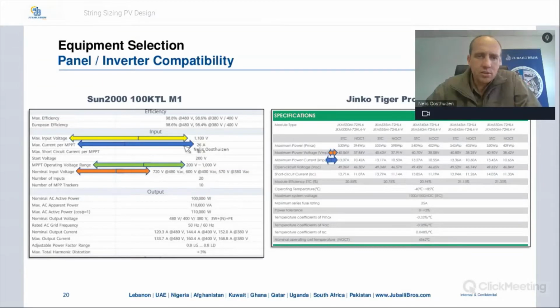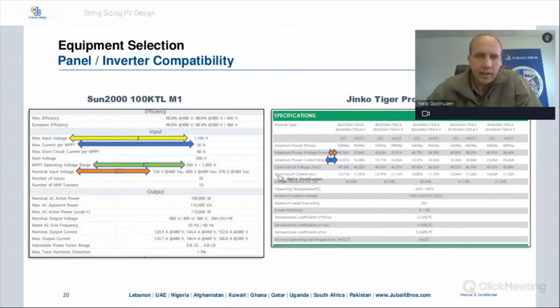The second thing that you need to look at for compatibility is your maximum current per MPPT. On this inverter, we've got 26 amps. If we look at the maximum power current, Imp, on the 550, it's about 13.45. If you times that by 2, you're just above 26, at 26.9, but the inverter would still be capable of handling it, since its short circuit current can go all the way up to 40 amps.